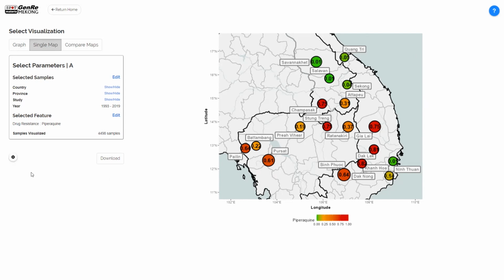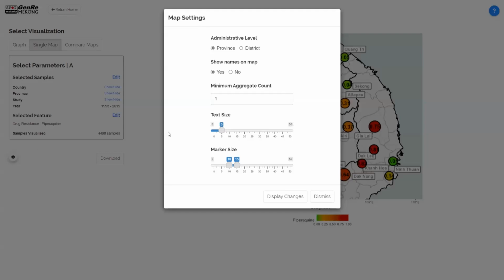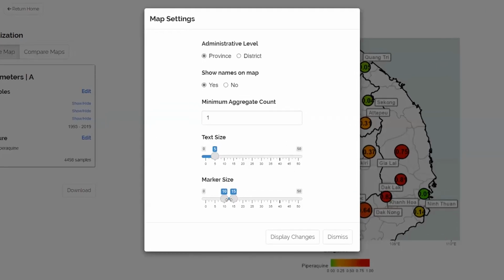To do that, I can click here, which only appears after clicking single maps or compare maps. If you click that, you can increase the marker size among other things relating to the map graphical mapping parameters. To see the changes you made here, you must click on display changes.